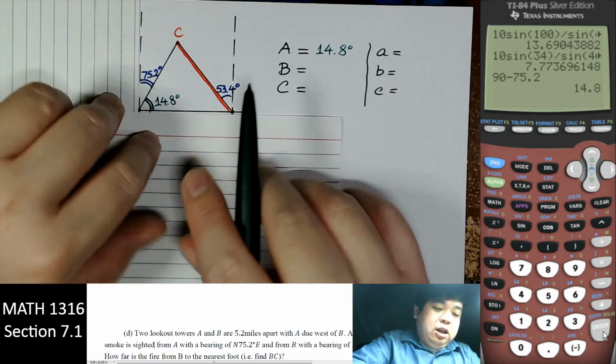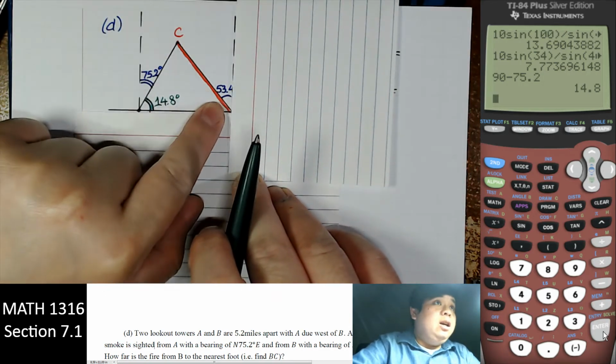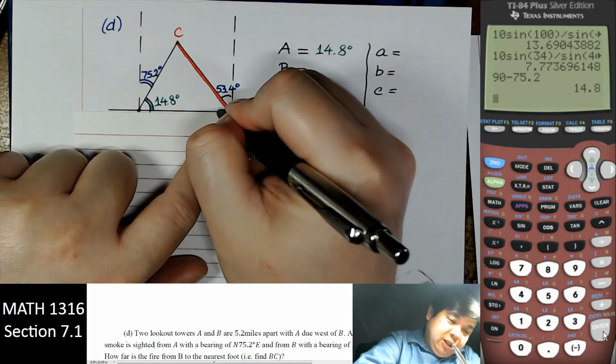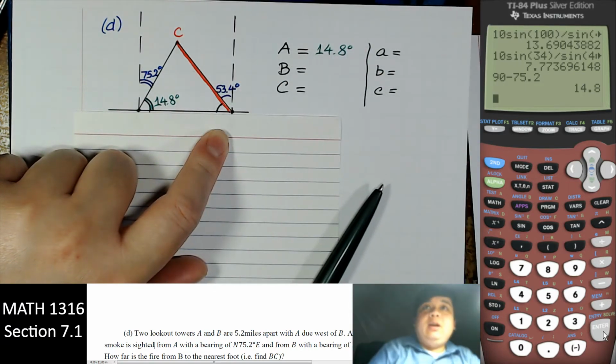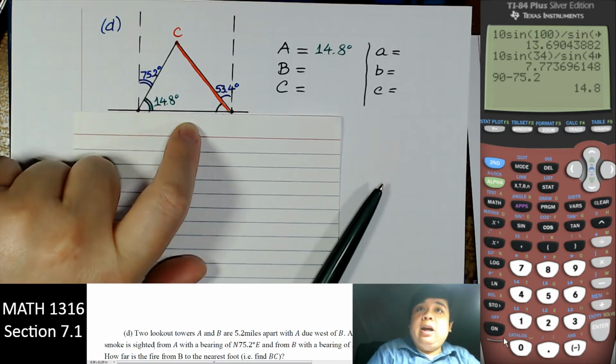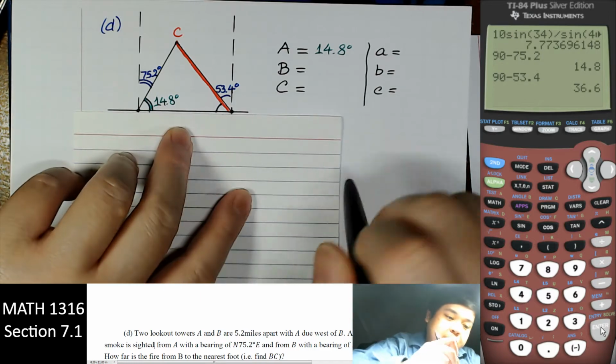And then angle B, same thing. Subtract this from 90 degrees, we have this angle here. So 90 minus 53.4 is 36.6.